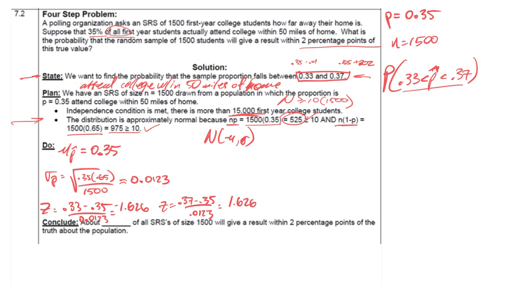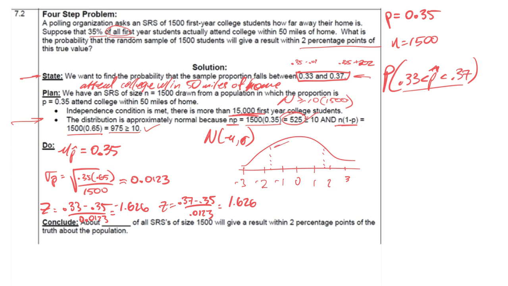Okay. And so we have our normal curve here. We're going to draw that. I'm going to use the standard normal, so our mean is now 0. And we have 1, 2, 3 standard deviations. Then we have -1, -2, -3 standard deviations back down. So negative 1.6 is here, positive 1.6 is here.